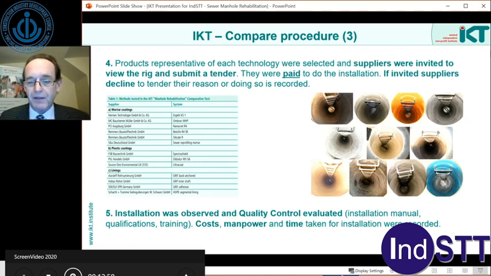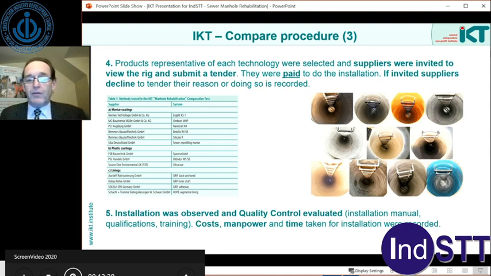And it may be that they decide to continue anyway, but we don't include that in the evaluation because they declared that they can't fix that, but it may be done for experimental purposes. So they get a chance to comment on it, and we take that into account when we are devising the final experiment. But the other thing is they're given a tender document and they are paid. Just like it would be a normal installation, they are paid to come and install into the manhole chambers.